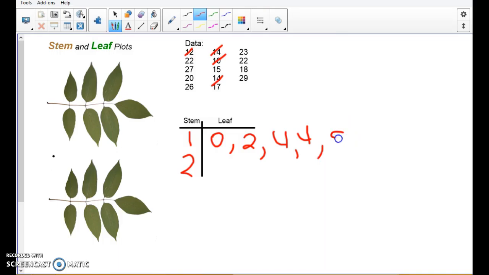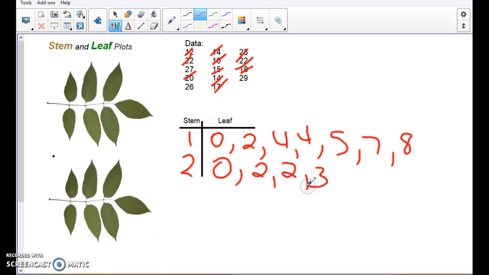And I see a 15, a 17, and an 18. That should be all my teams. Then for the 20s, I see a 20, 2 22s, a 23, a 26, a 27, and a 29. That would be my stem and leaf plot for a problem like that.